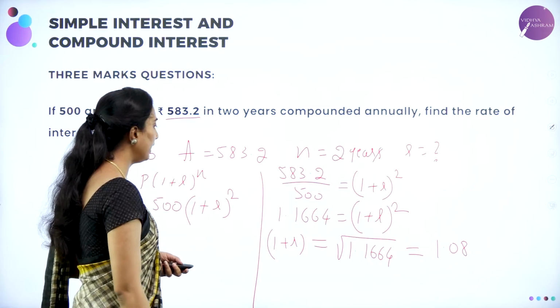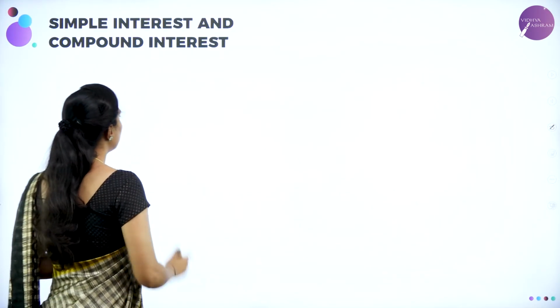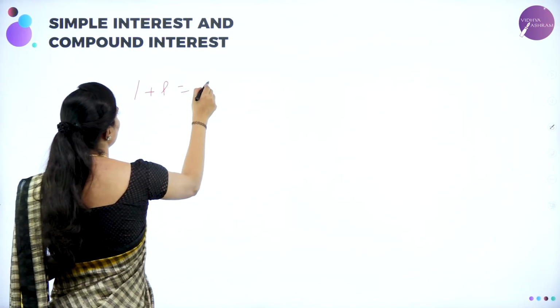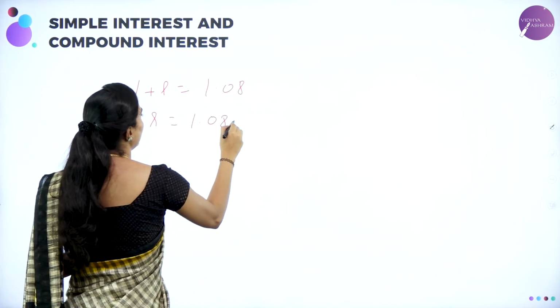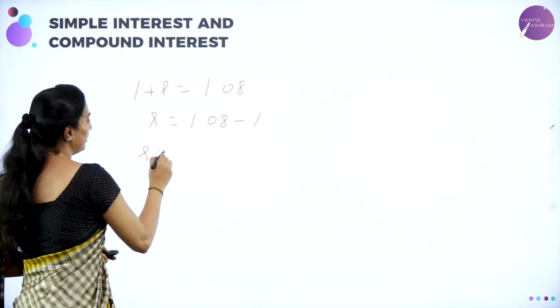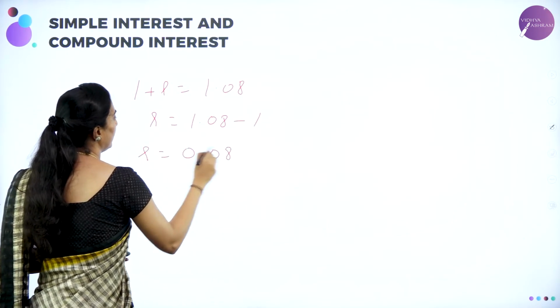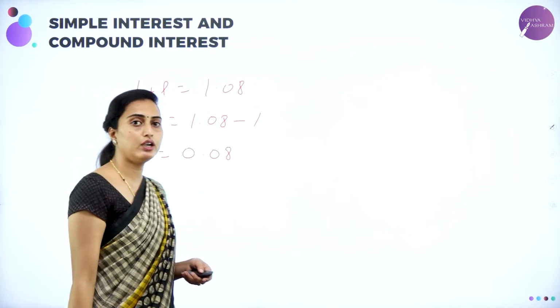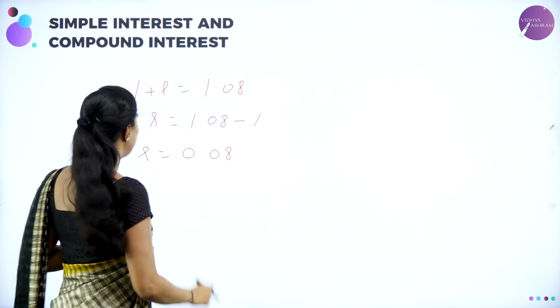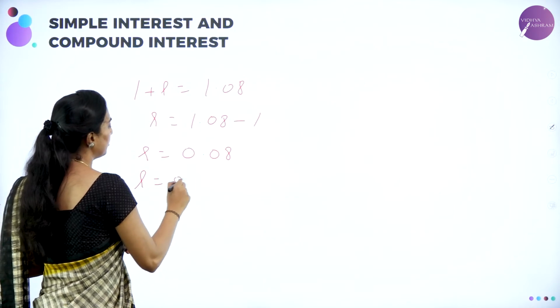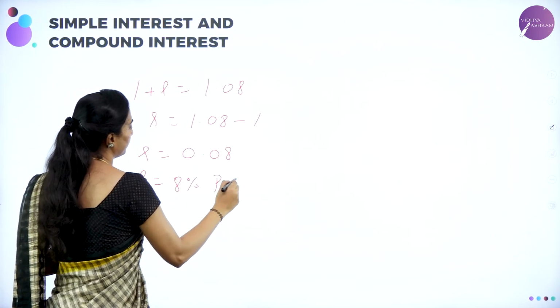Now you need to calculate what is R. So 1 plus R is equal to 1.08, R will be equal to 1.08 minus 1. So R will be equal to 0.08. Now you want to convert it into a percentage, which means you need to multiply by 100. If you multiply by 100, R will be equal to 8% per annum.